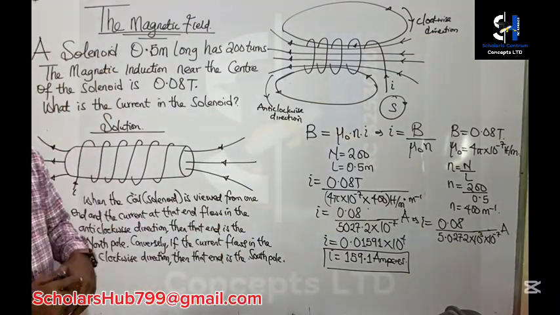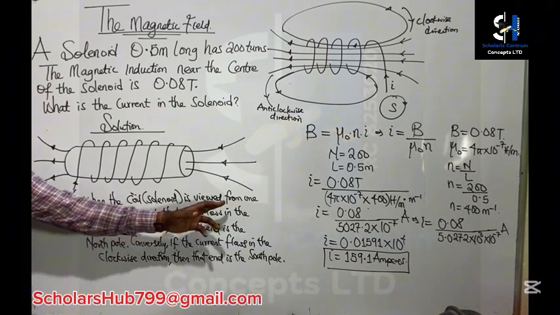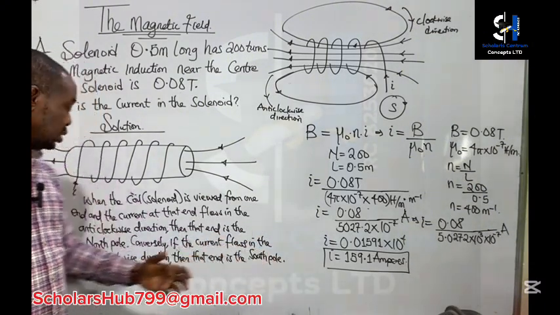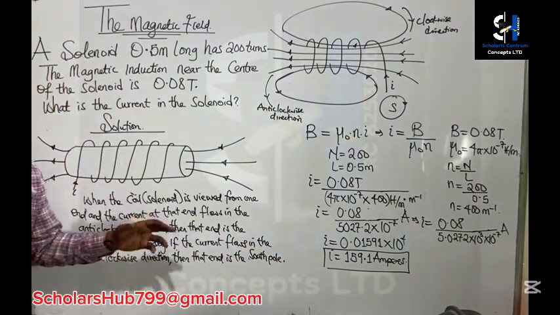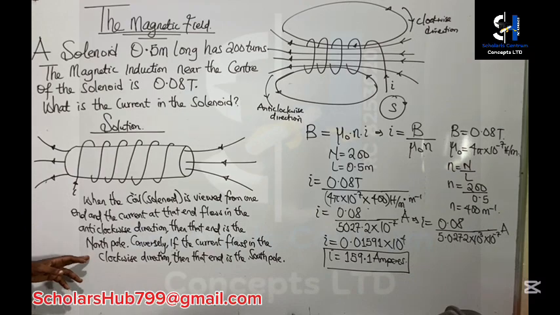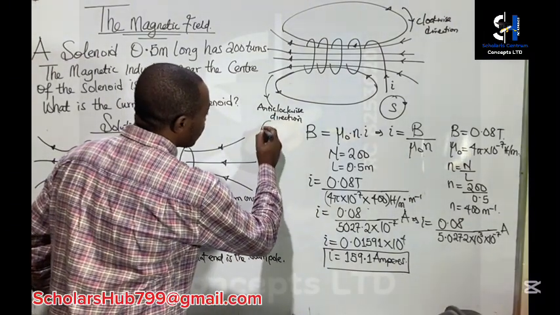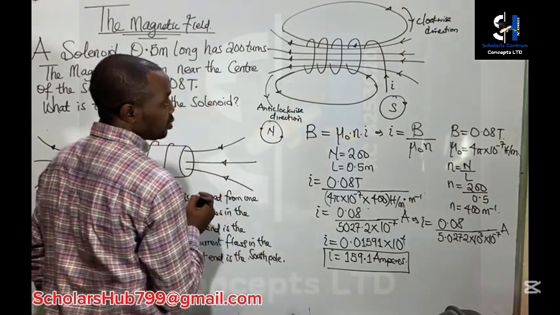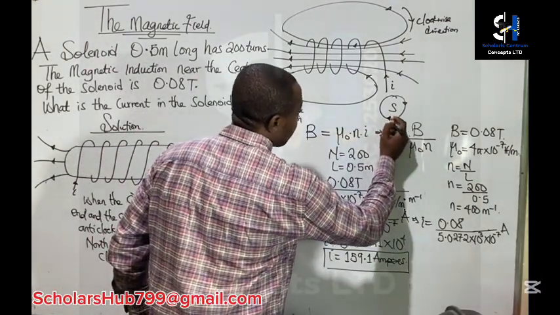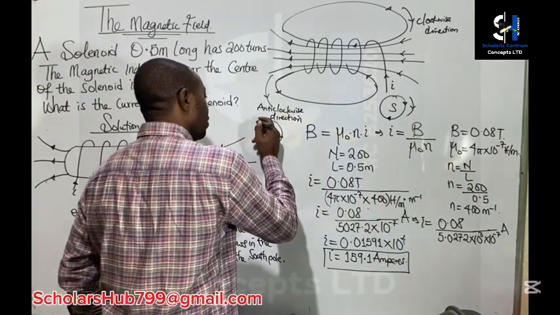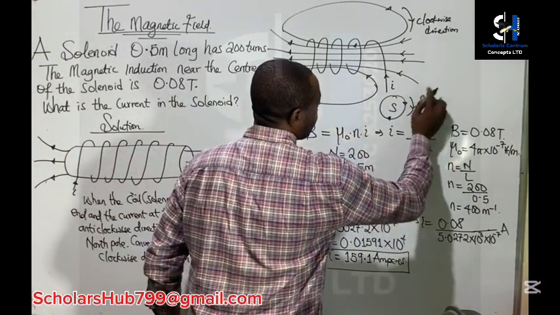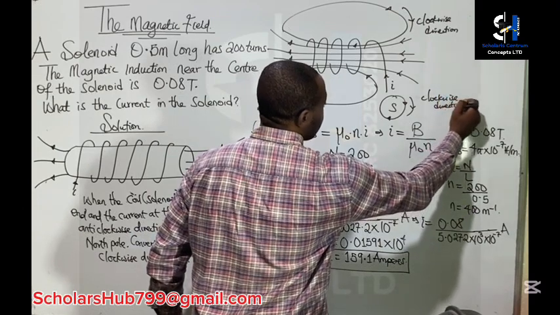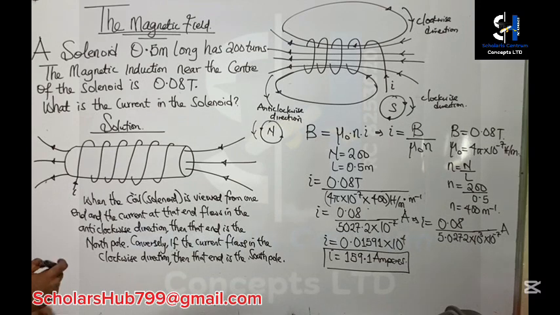Like I said, when the coil is viewed from one end and the current at that end flows in the anti-clockwise direction, then that end is the north pole. This is the clockwise direction, and this is the anti-clockwise direction.